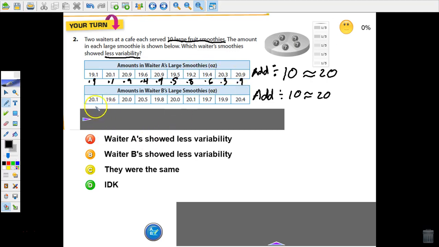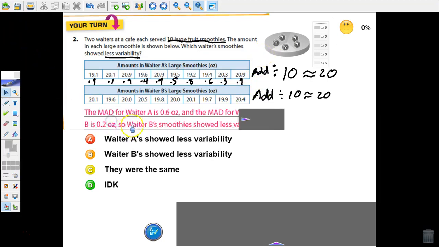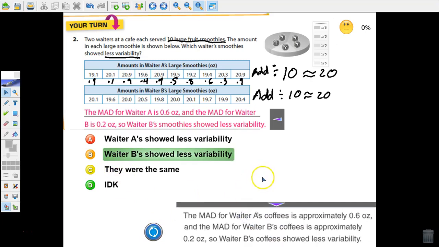Okay? And there's not enough space, but you do the same thing for all of them. You add and then divide by 10, okay? The MAD for waiter A is 0.6 and the MAD for waiter B is 0.2. So waiter B smoothie showed less variability. Therefore, the answer is B, and then here's a little more work. Nope, same thing as that, okay?